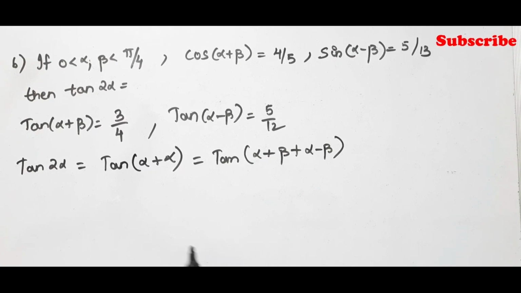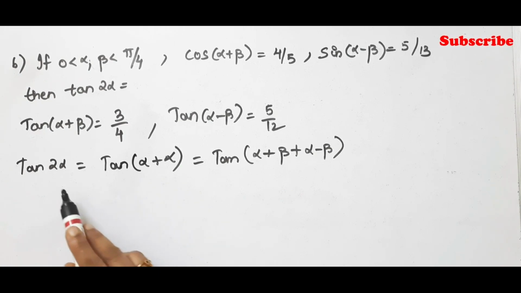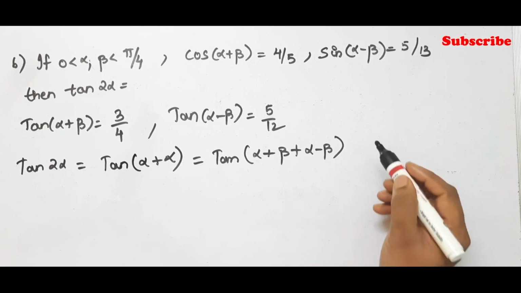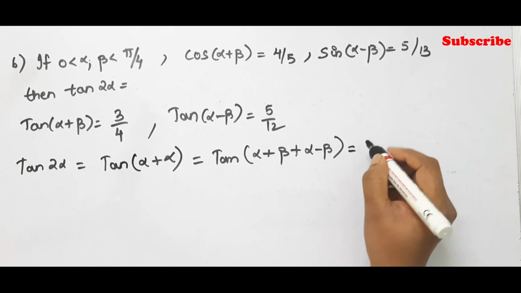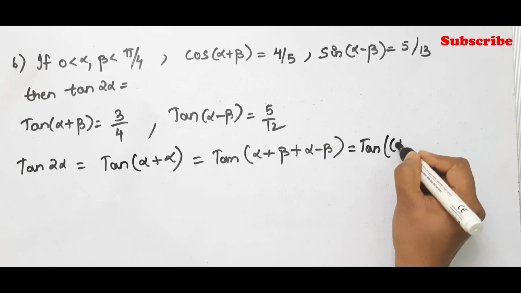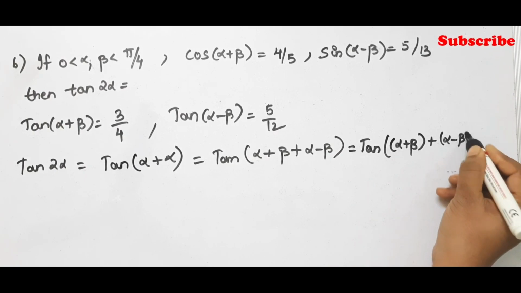I have just added and subtracted beta so that this can be transformed. I am transforming this 2 alpha such that it is the sum of alpha plus beta and alpha minus beta.